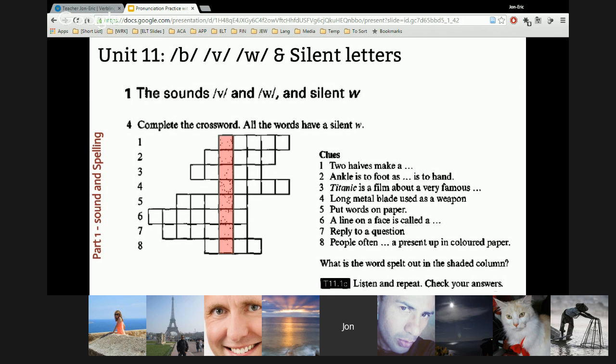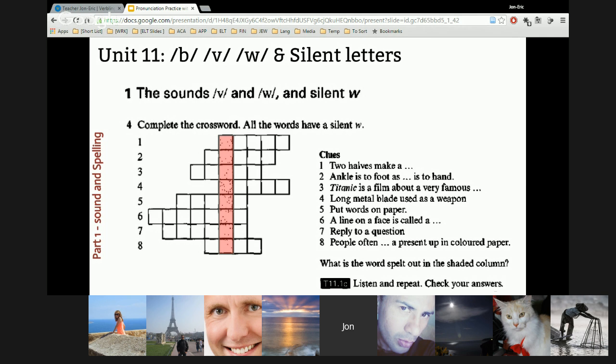Right, but if you put two halves together, you get a... entier. No, you got the right idea, but it's the wrong word, because this word has a silent W. Two halves make... Entire is the right idea, but it's not the right word. Okay, think about it for a minute. We'll come back.